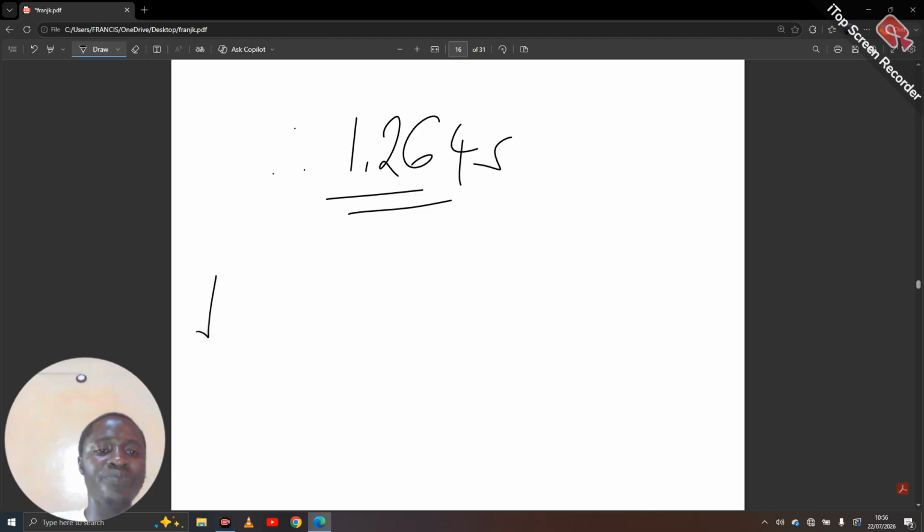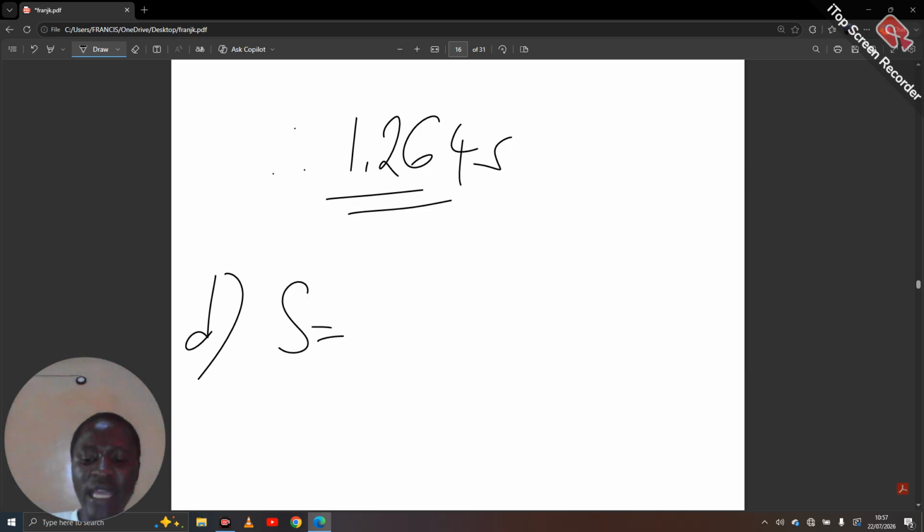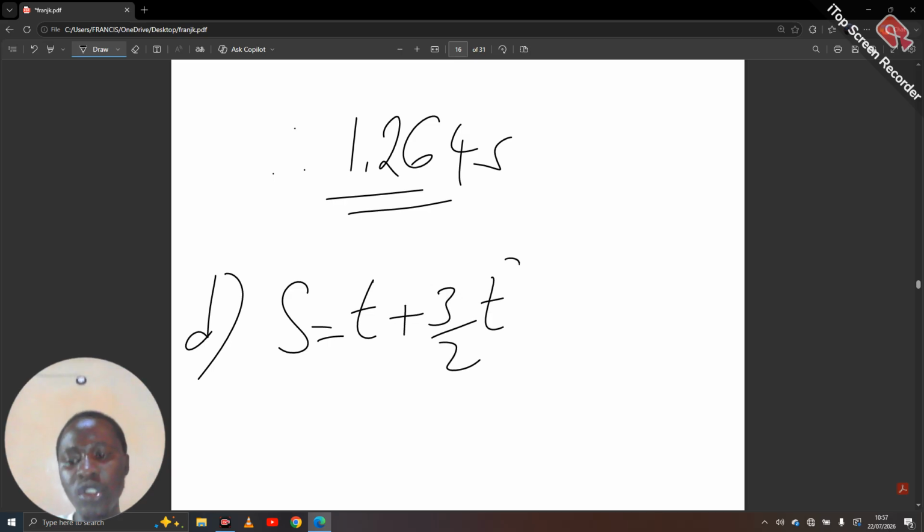Part D. Find the displacement of the particle by the time it came to rest momentarily. Remember the expression for the displacement, we have it was 2 plus 3 all over 2 t squared minus t cubed.